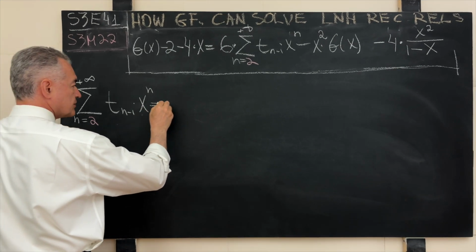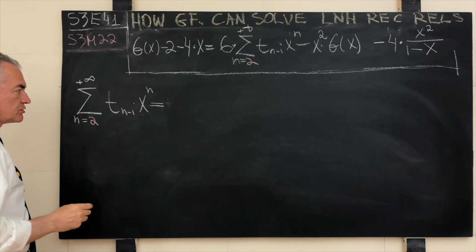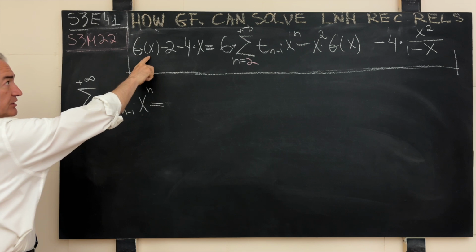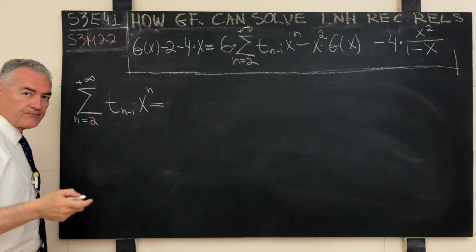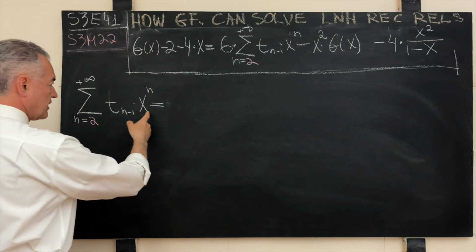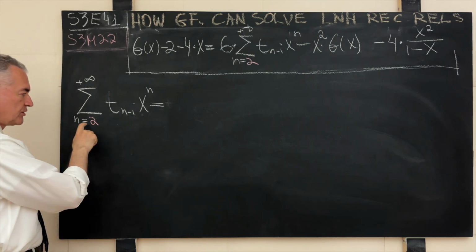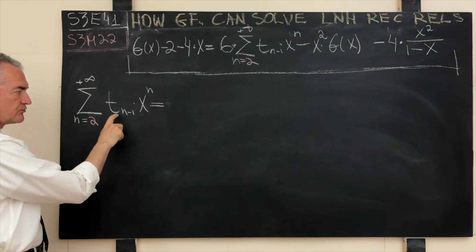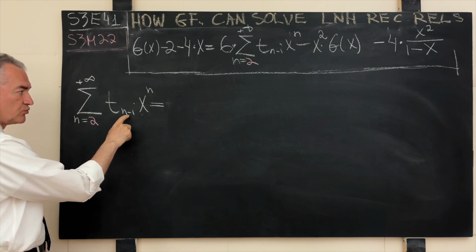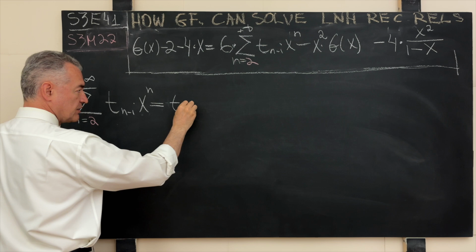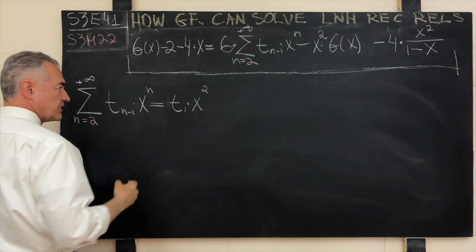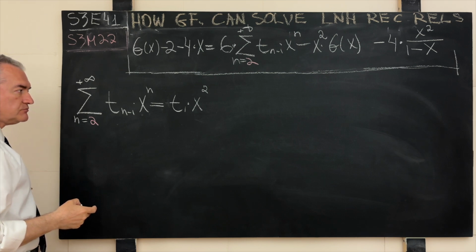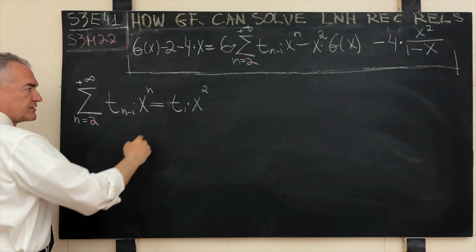Wonderful. So what is this sum over here? Well, in order to spell it out in terms of material that contains nothing but the generating function g of x and the independent variable x, we write down the first few terms of that sum. When n is equal to 2, then the index of the coefficient t will be 2 minus 1 is 1, t1, but the power of x will be what? 2. And this is the lockstep in which these two factors work.